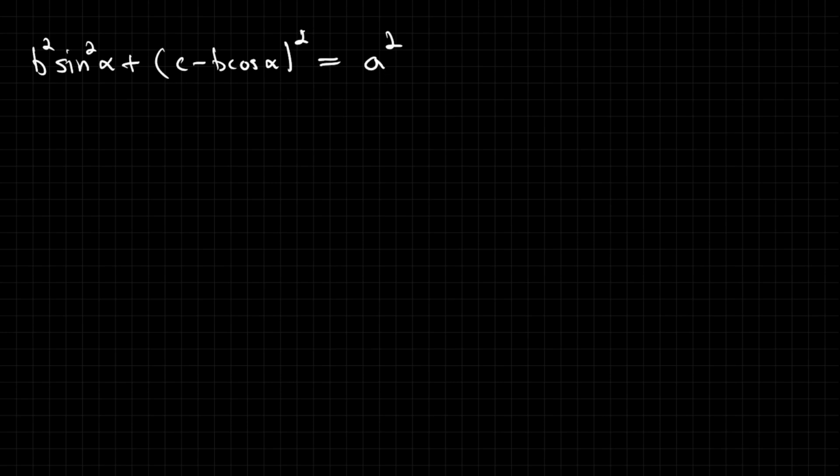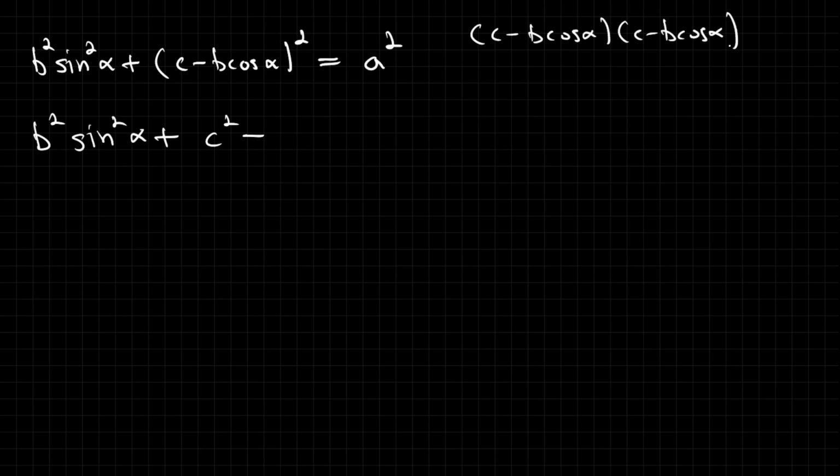So I can FOIL this c minus b cosine alpha, and what I get is b squared sine squared alpha plus, when you FOIL c minus b cosine alpha times c minus b cosine alpha, c squared, that's the first term, minus bc cosine alpha, minus another bc cosine alpha.